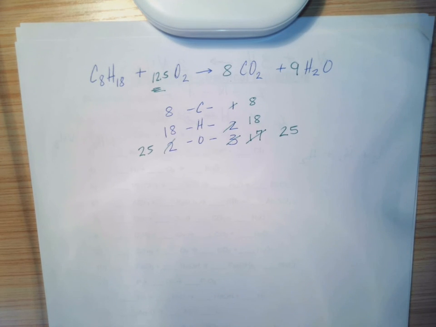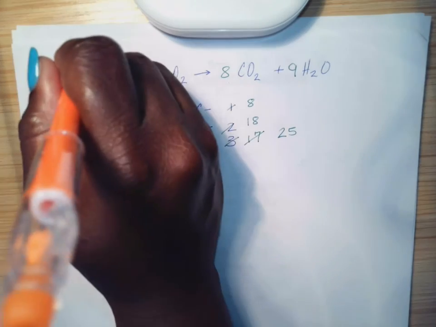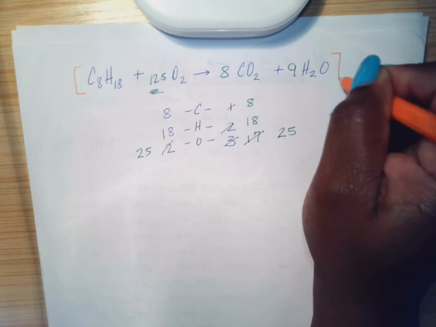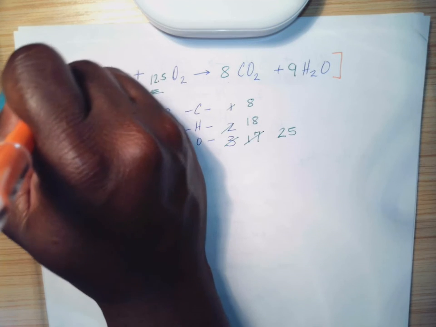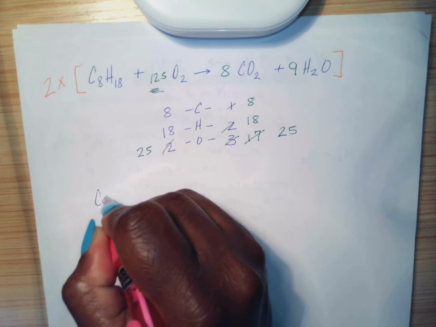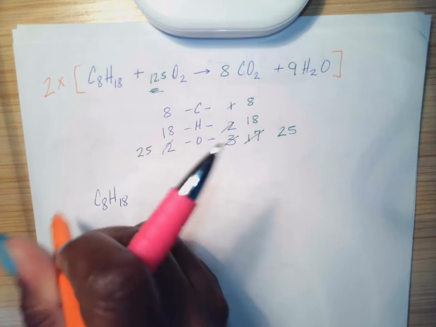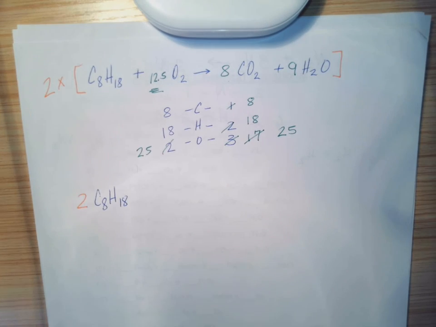But then, now that my carbon, hydrogen, and oxygen appear to be balanced, I need to go by and multiply everything by 2. Because you must have a whole number as your coefficient. So what this means is that now in front of my octane formula, instead of that invisible 1 that we had, now I'll have 2.